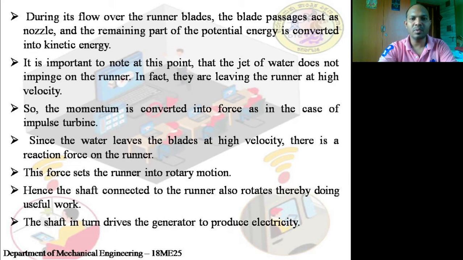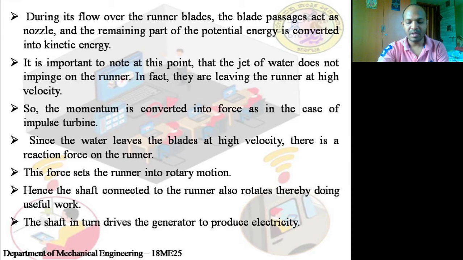It is important to note at this point that the jet of water does not impinge on the runner. In fact, they are leaving the runner at a very high velocity. So the momentum is converted into force, as in case of an impulse turbine. Since the water leaves the blades at a very high velocity, there is a reaction force on the runners.